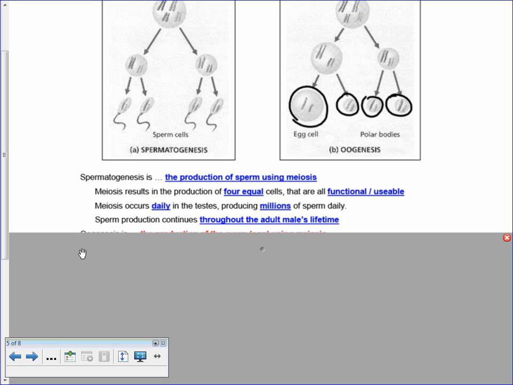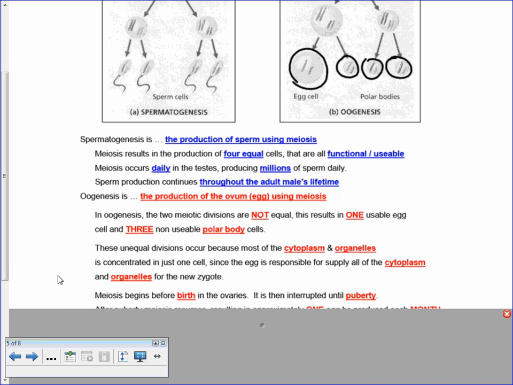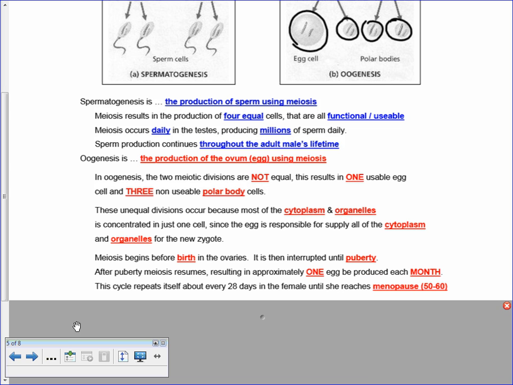Not one better than the other, just different. And then the red is just documenting what I basically said about females. I hit everything there.